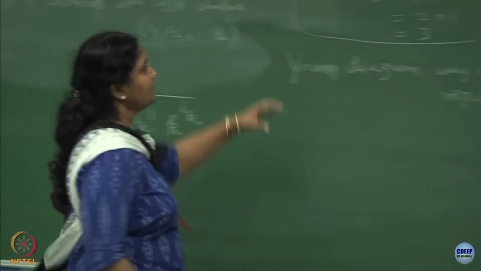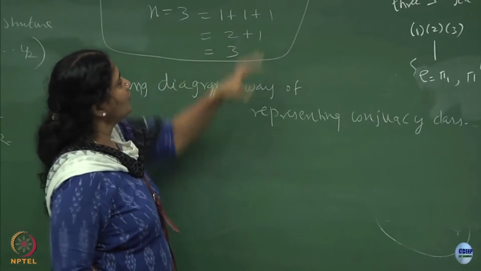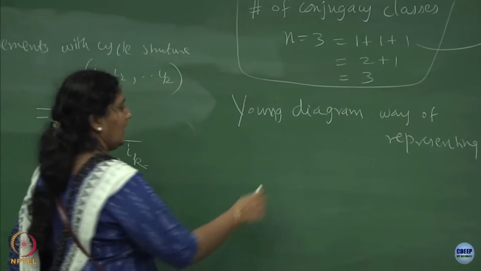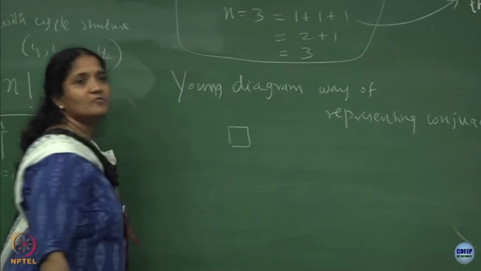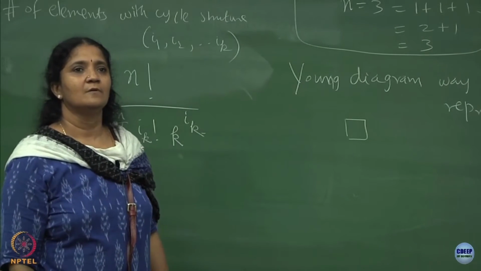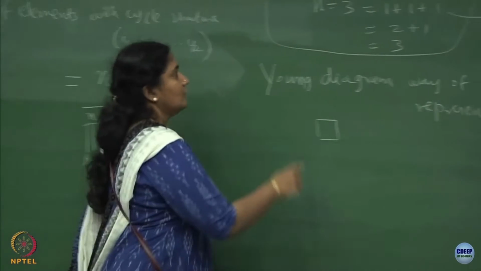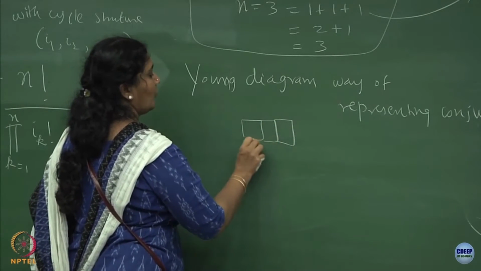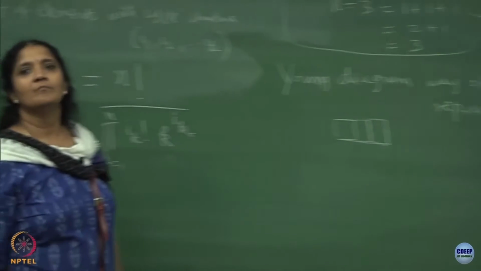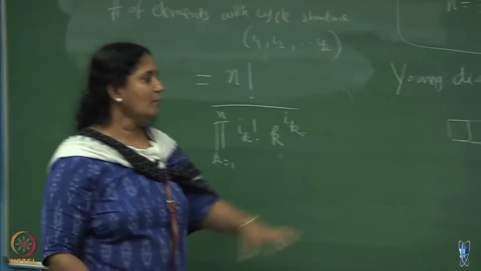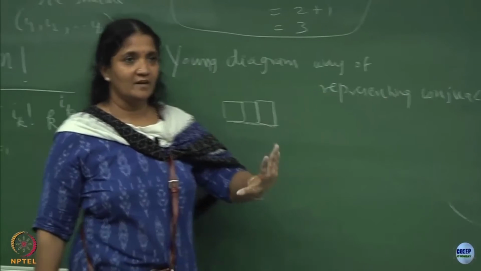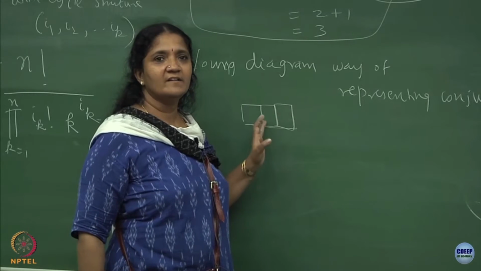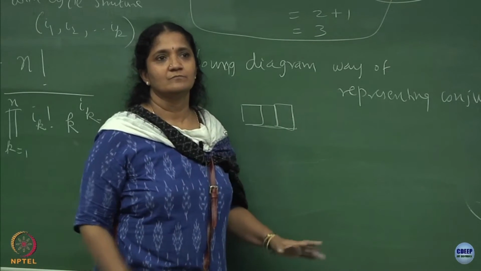So, this partitioning, as we know, is nothing but 3 1 cycles. For every 1 cycle I am going to use a single box. 3 1 cycles means I will attach to it 3 boxes. Total number of boxes will always add up to be 3, and 3 single boxes means that it is 3 1 cycles. Okay.